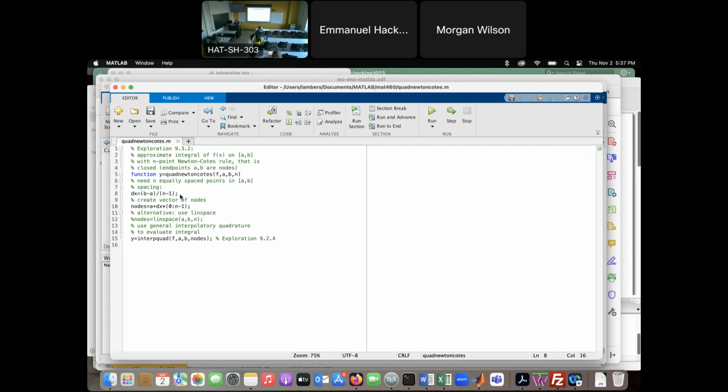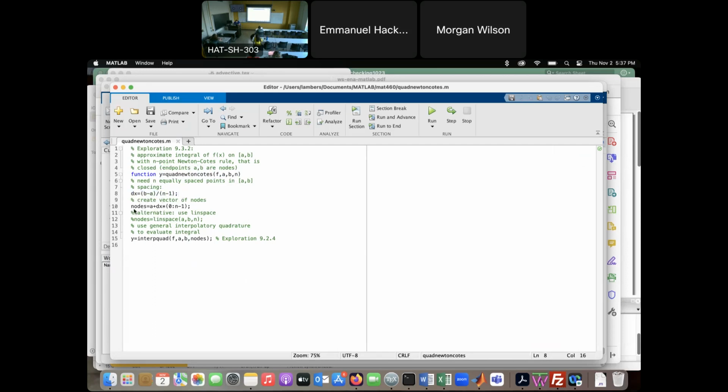For example, if you wanted 4 nodes total, including the endpoints, 4 nodes would leave 3 subintervals. So you want to take the width of the interval divided by 3 in that case to get the spacing. That's what's being done here.